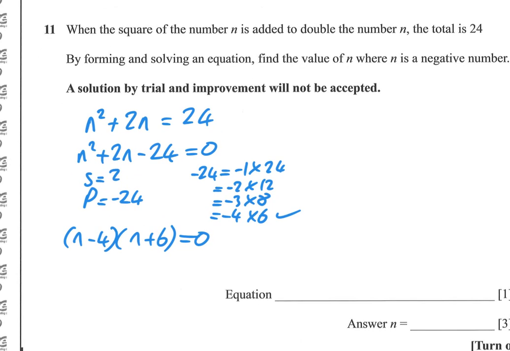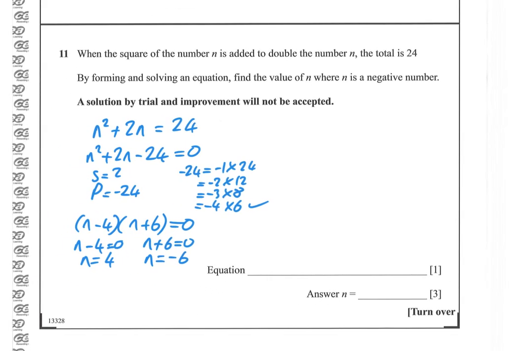And then that means n minus 4 equals 0, which means n is equal to 4. Or it means n plus 6 is equal to 0, which means n is equal to minus 6. So the equation we had was n squared plus 2n is equal to 24, and the answer, because it had to be negative, n is equal to minus 6.